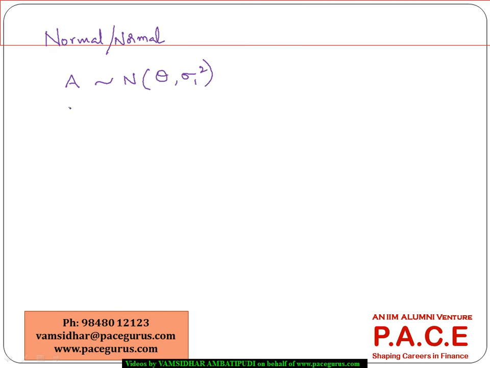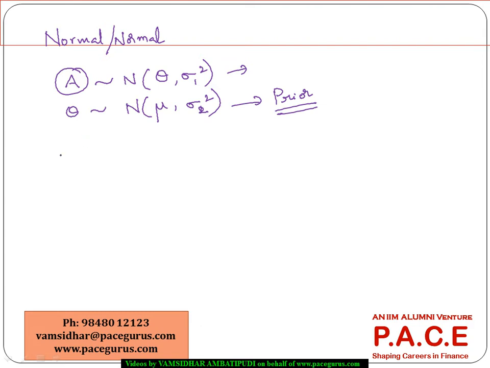At the same time, I say theta will follow another normal distribution with a mean mu and variance sigma 2 squared. Right? So this is the prior associated with the normal distribution, and this is for the data. So I'll take the data of the various claim amounts which are following this kind of distribution. Now based on this, I would like to work out the posterior.